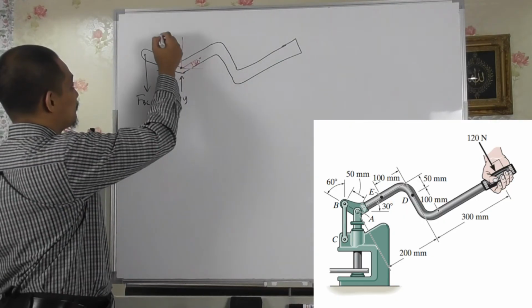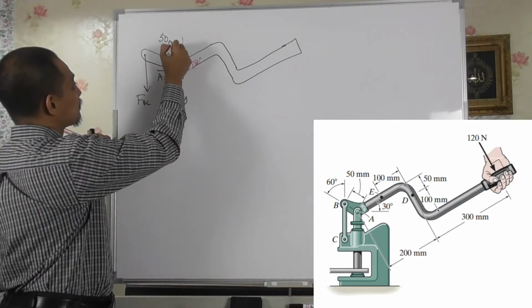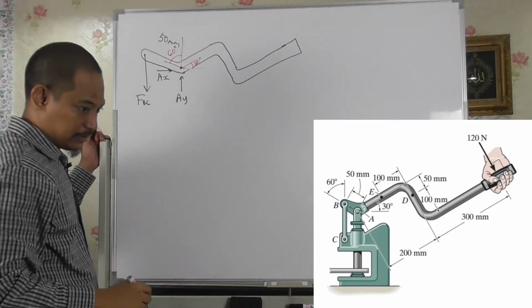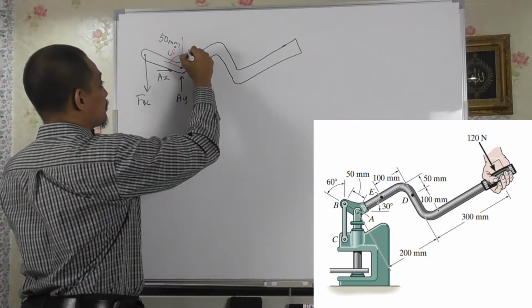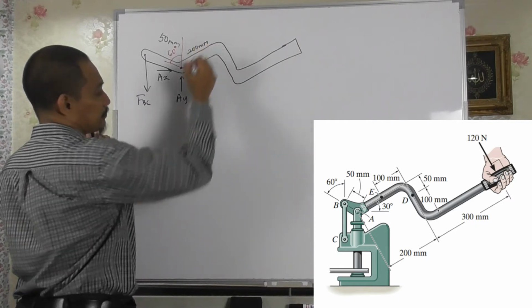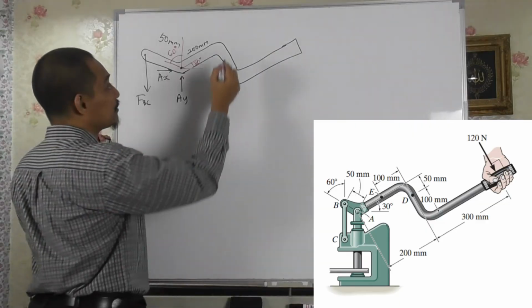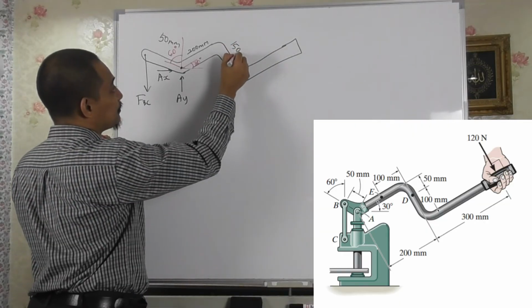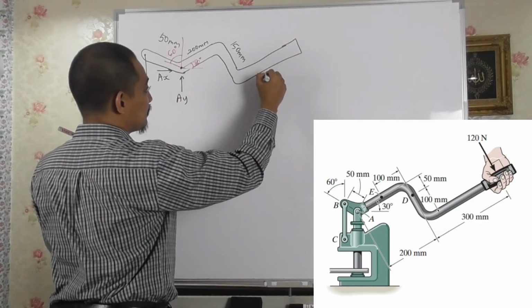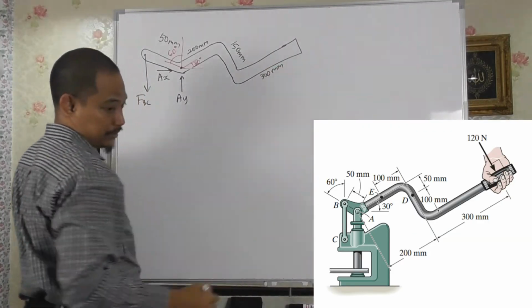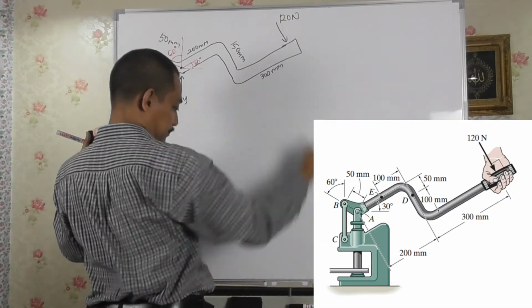So this one is 50 millimeter, this length, and then the other length is 200 millimeter, and then we have in total 150 millimeter here, and then the rest is 300 millimeter in total, and then we have the force of 120 Newton.